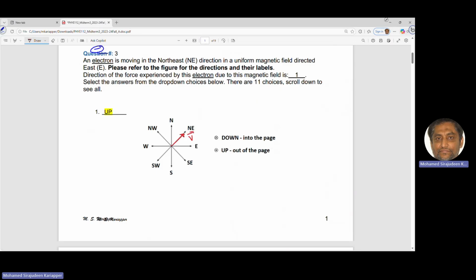I hope you understand these directions. These are all horizontal directions. North, is it up? No, because I am showing it vertically, but these are all horizontal directions. So northeast may be this way, which means east will be that way, and west will be my left hand, and behind me will be south.